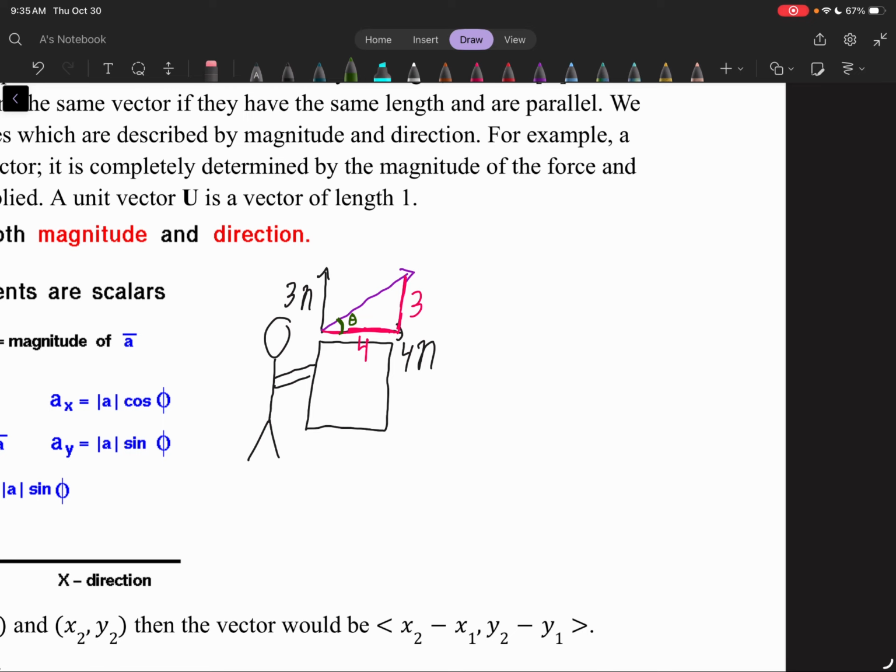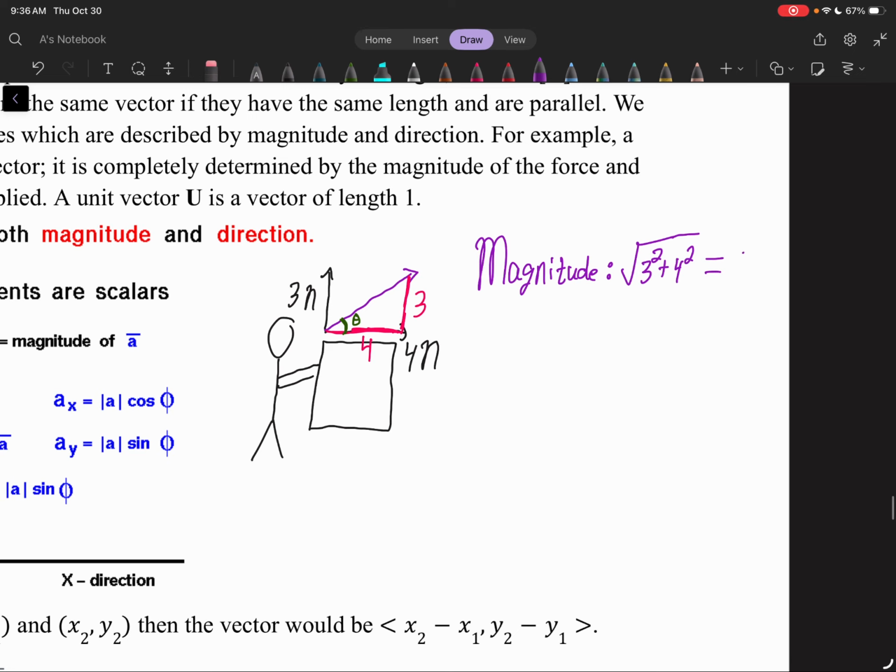If I'm looking for the force, the magnitude, I'm finding the square root of 3 squared plus 4 squared. 9 plus 16, 25, square root of 25 is 5.